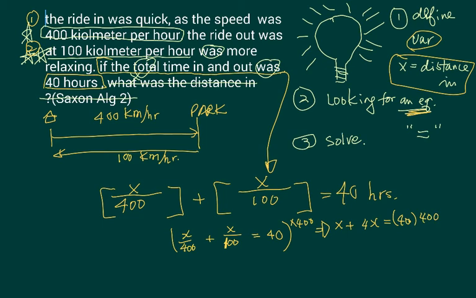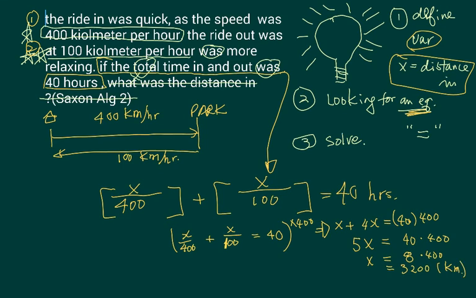So x plus 4x, that's 5x, is equal to 40 times 400. Now you notice I'm not in a hurry to multiply it up, because I know if I divide by 5 here, this becomes 8 times 400. I'm avoiding using my calculator, as you can see. The unit is kilometers.